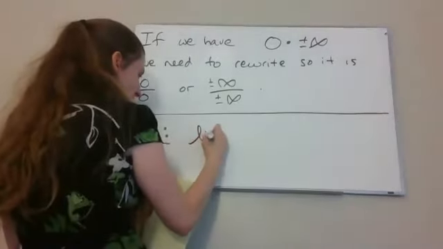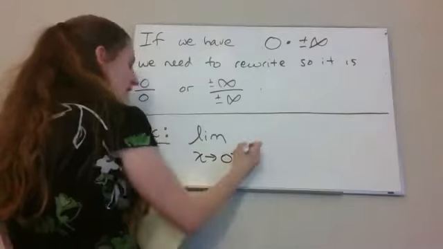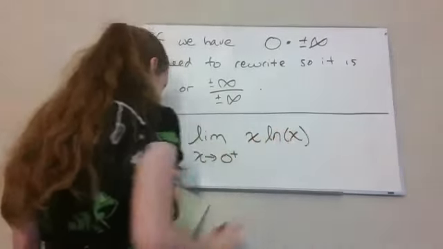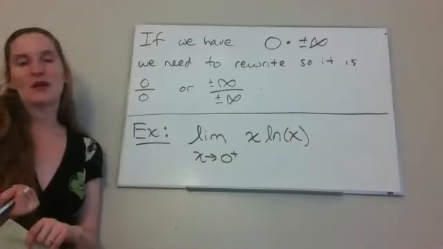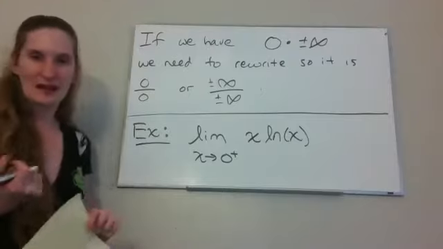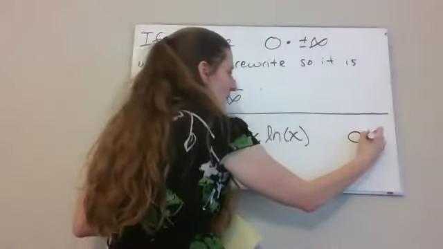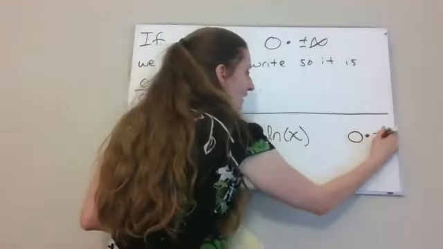Let's look at the limit as x approaches 0 from the right side of x times natural log of x. So if we think about plugging in a 0 and slightly on the right side of 0, this x is going to 0, and my natural log of x is going to negative infinity.